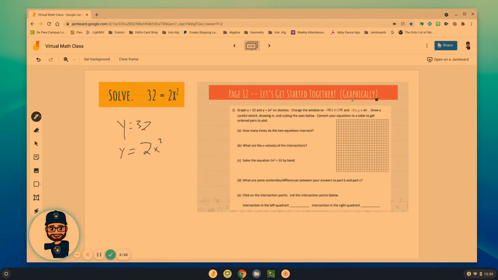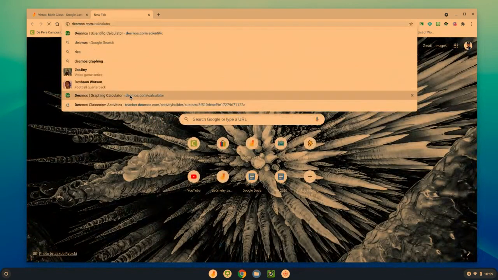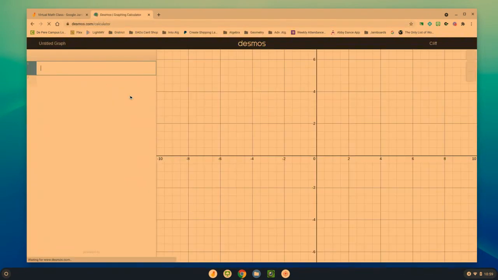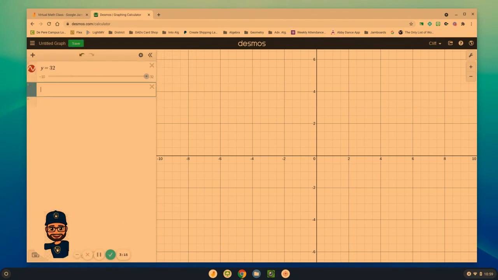All right, and we want to make sure that we can have the window to be able to see certain things, where we might have to look for intersections. We're trying to figure out how many times these two intersect. So let's pull up our Desmos calculator. Y equals 32 and y equals 2x to the second.